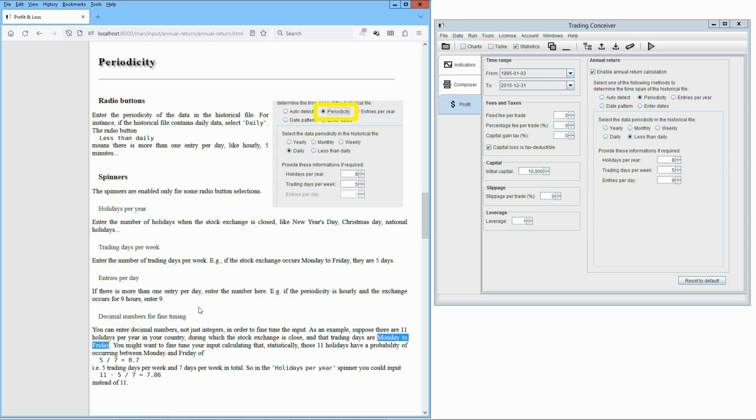You might want to fine-tune your input, calculating that, statistically, those 11 holidays have a probability of occurring between Monday and Friday of 5/7, equal to 0.7. That is 5 trading days per week and 7 days per week in total. So in the holidays per year spinner, you could input 11 times 5/7 equal to 7.86 instead of 11.